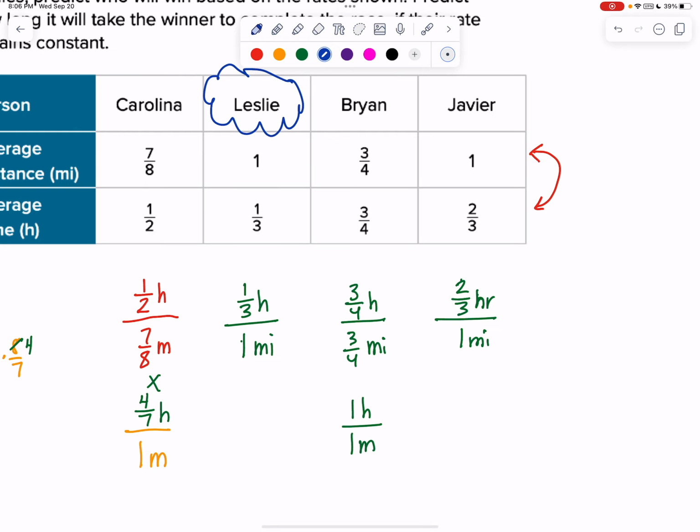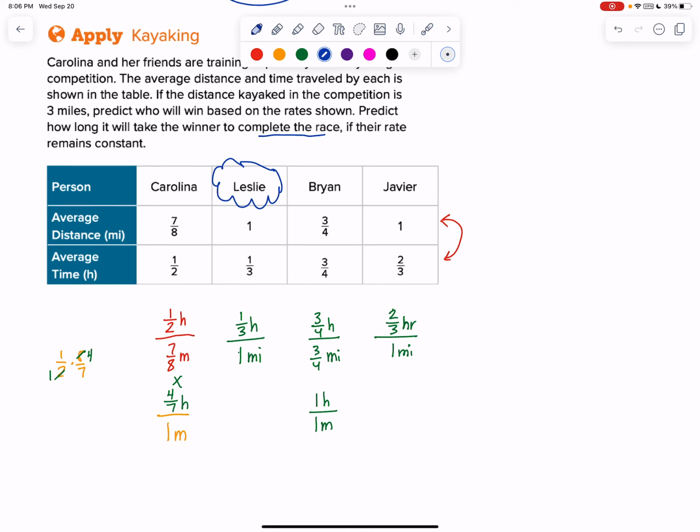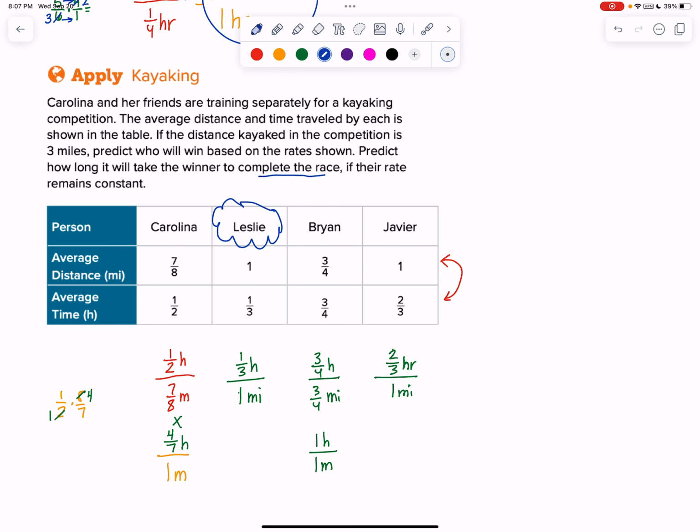So I'll make her stand out. Okay, so she wins the race, but it does say predict how long it'll take her to complete the race. So sometimes what I do is I'll make a little note and say, okay, predict who wins and how long will it take her to complete it.